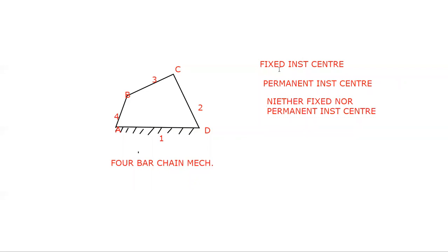So now in this, first we are dealing with fixed instantaneous center. Now which are fixed instantaneous centers? As you can see here, this is my A and D. This link has been fixed. So that means the point where the link AD and AB are joined, there will be one center here.